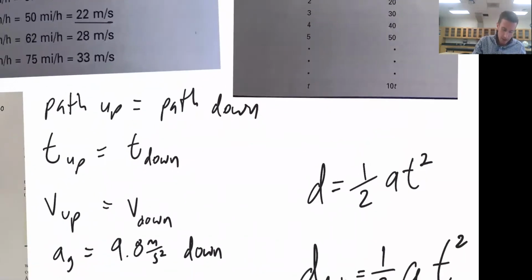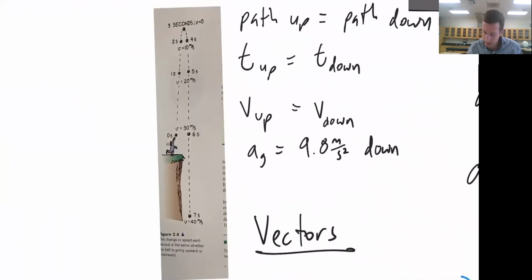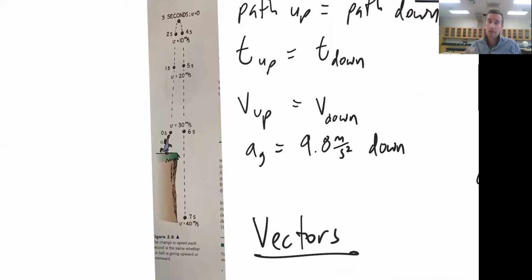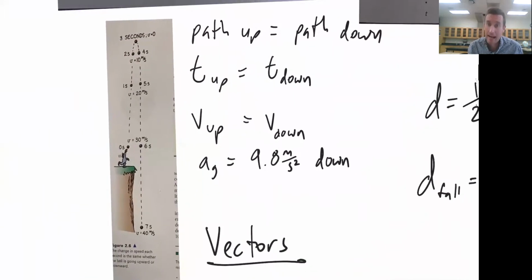Flipping on now to page 18, I see this nice diagram of a person throwing a ball up in the air, standing on a cliff. So here's the big idea. When throwing an object in the air, assuming no air resistance, the path up is going to equal the path down.